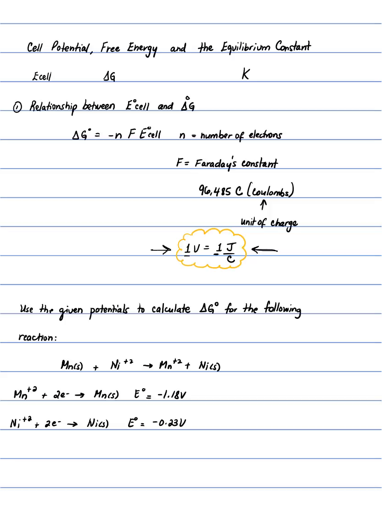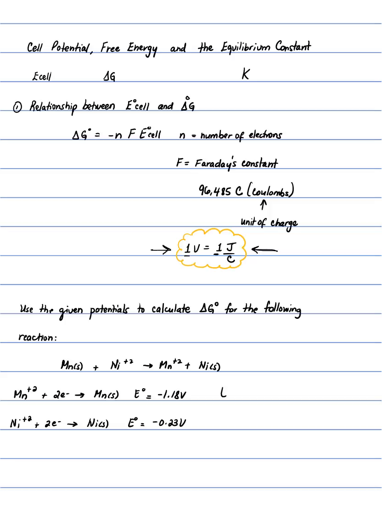So first, let's look at the problem here. You have manganese solid going to manganese plus 2, and you have nickel plus 2 going to nickel solid. You have your two half reactions right there, and you have the potentials for each one. You need that to calculate the cell potential. In your equation, you need the number of electrons that is being transferred, the constant, and the cell potential.